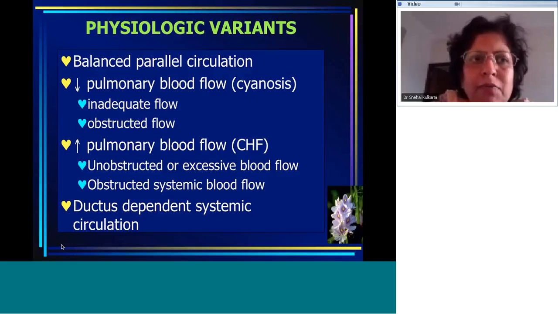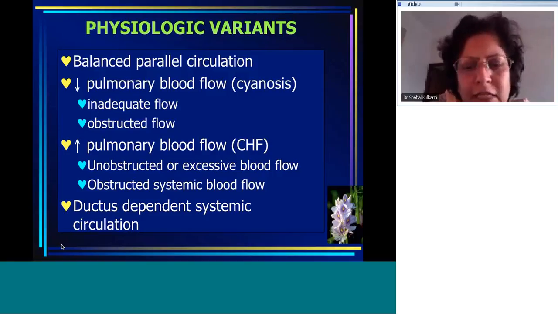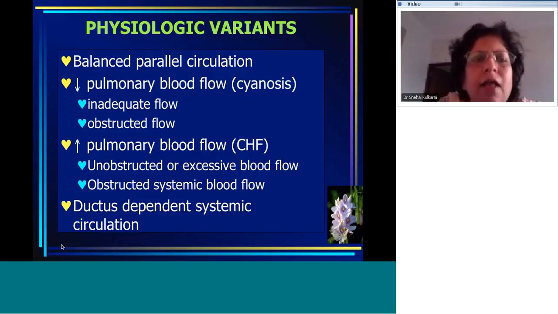You have tricuspid atresia type 1C, tricuspid atresia without pulmonary stenosis, so they come with excessive pulmonary blood flow. Usually they come to you because of unobstructed or excessive pulmonary blood flow, which happens in univentricular heart without pulmonary stenosis.